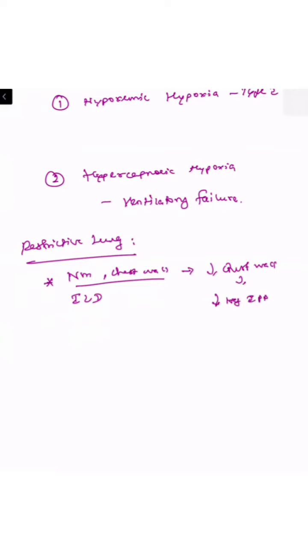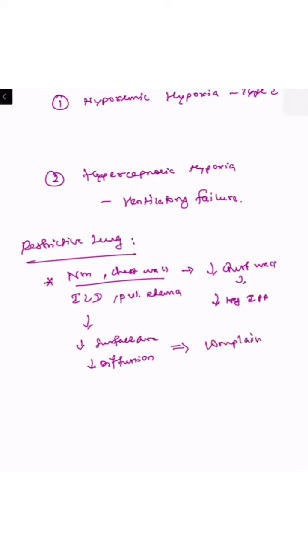So finally it will reduce the compliance. Likewise, in interstitial lung disease and pulmonary edema, there will be decreased surface area as well as decreased diffusion across the alveolar membrane. So it will decrease the compliance.